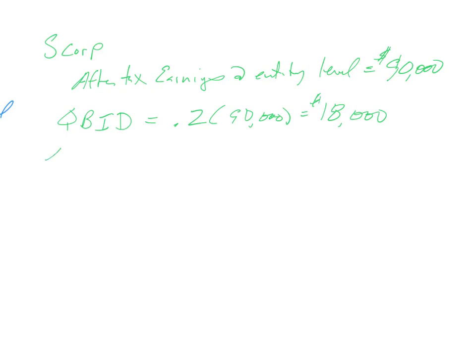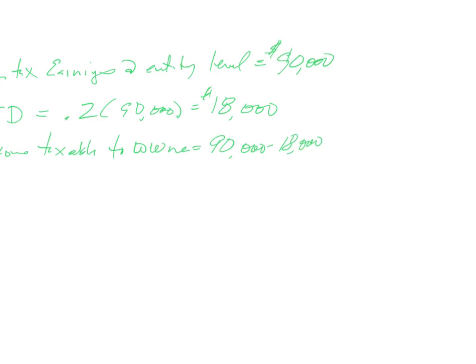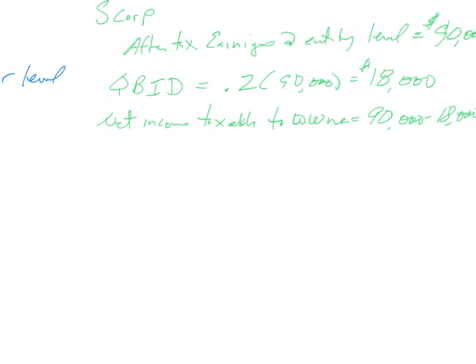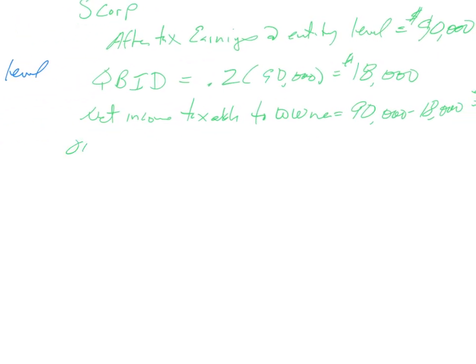So our net income taxable to the owner is 90,000 minus 18,000, which is equal to 72,000. All right, and we're told his tax rate, so now we've got to figure out owner-level tax.